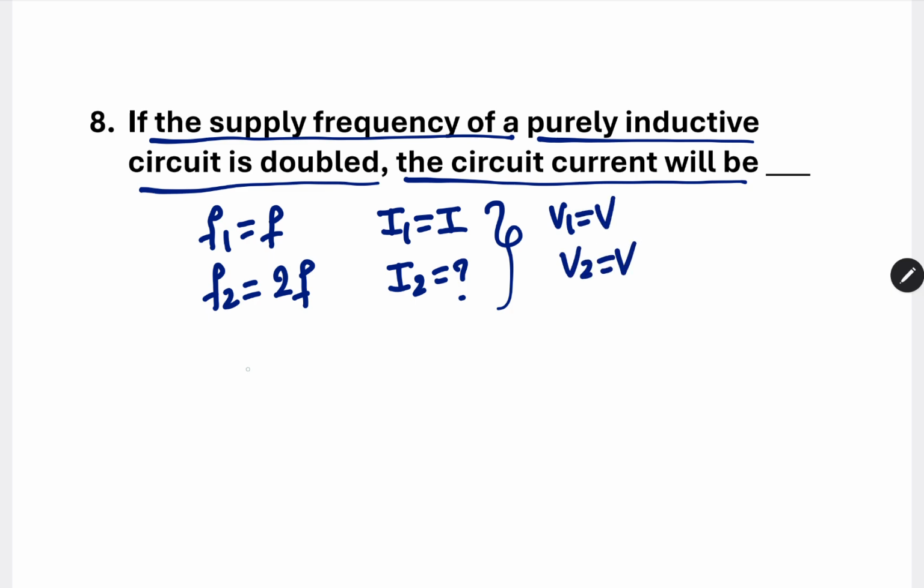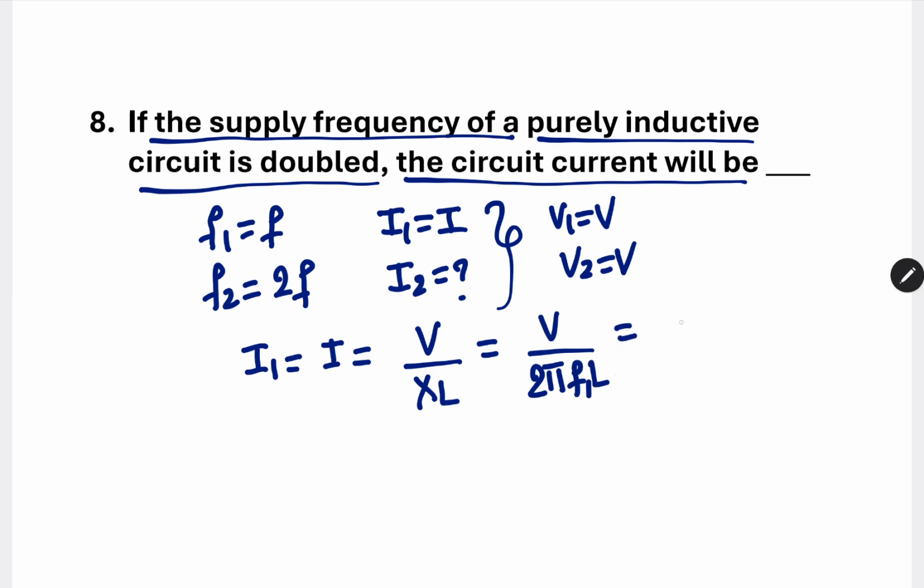What is the usual I1 formula? I1 is equal to I is equal to V divided by XL, that is equal to V divided by 2 pi F1 L, that is equal to V divided by 2 pi FL. Let us say this is equation number 1.